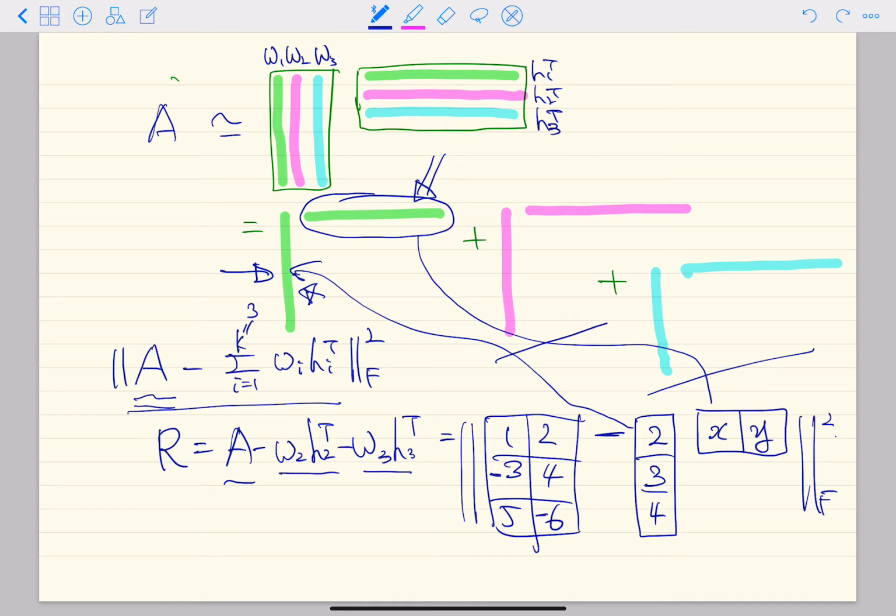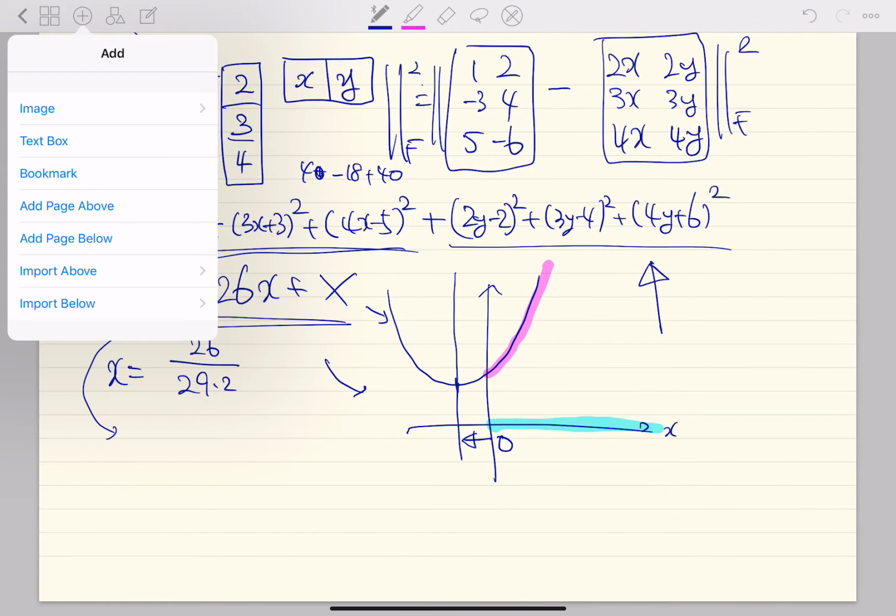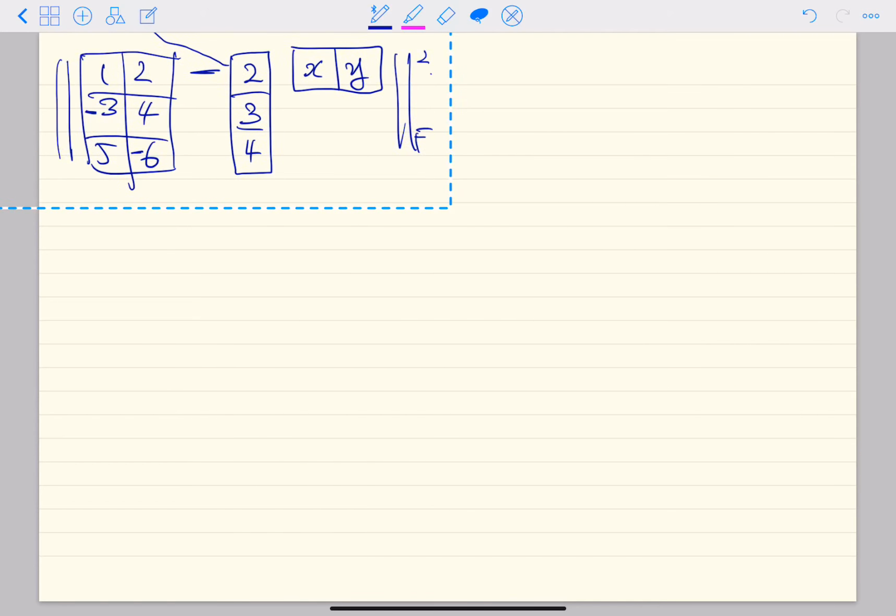Regardless of the order, block coordinate descent and its theoretical foundations will guarantee that we reach a local minimum. Okay, and let's suppose we want to solve this guy. That is almost the same. Maybe this is 2 and 3, and x, y, and z.